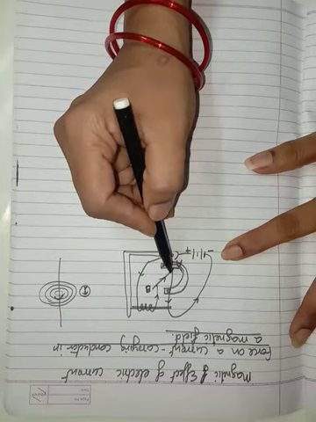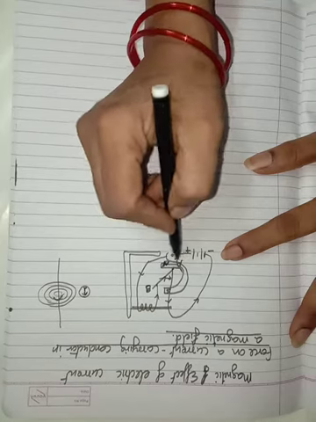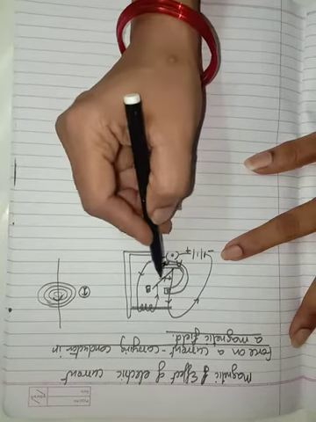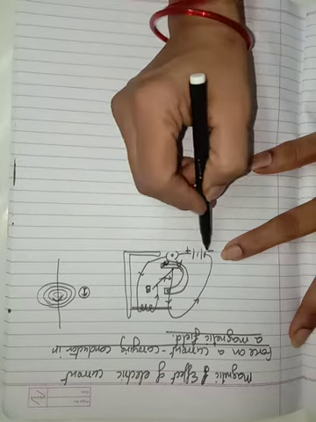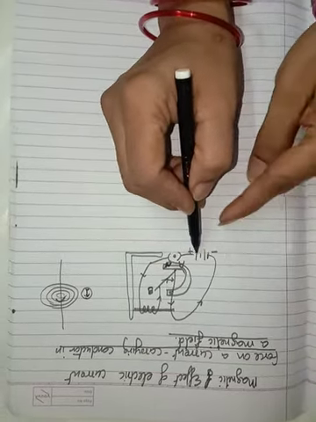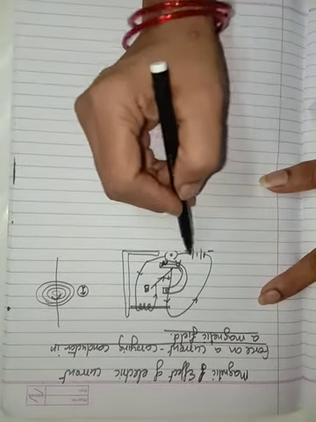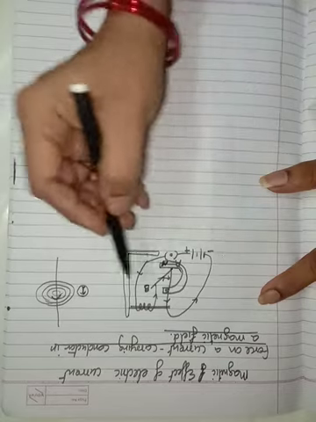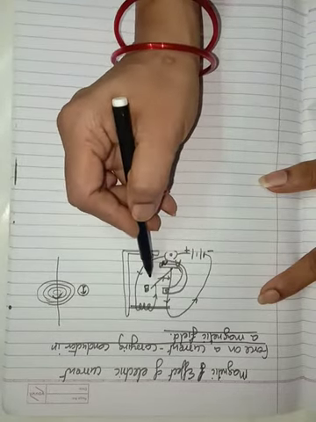Since this wire is free to move here and there, it moves in this direction, the left direction. And what happens if we reverse the direction of current? By reversing the direction of the battery, positive on this side and negative on that side, we saw that by reversing the direction of current, the force exerted on this wire is also reversed.